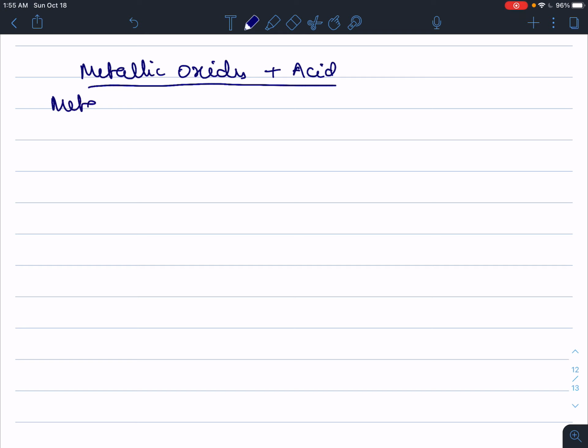So now that we're done, what about oxides? Metallic oxides plus acid. Now what kind of a reaction is a metallic oxide with an acid? So firstly, you have to know that metallic oxides are usually basic in nature. I'll write that down. Metallic oxides are usually basic in nature.